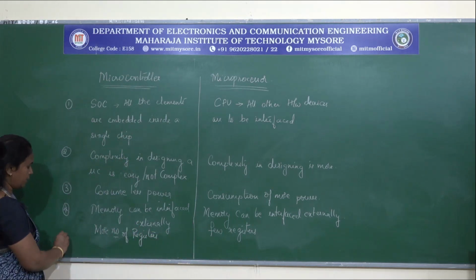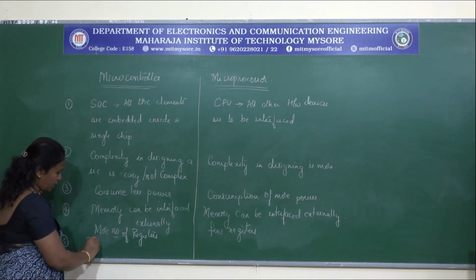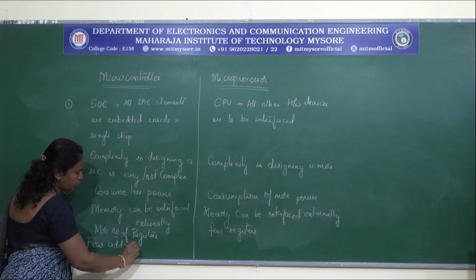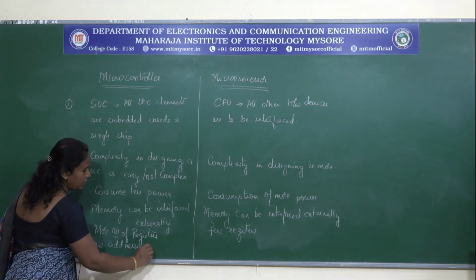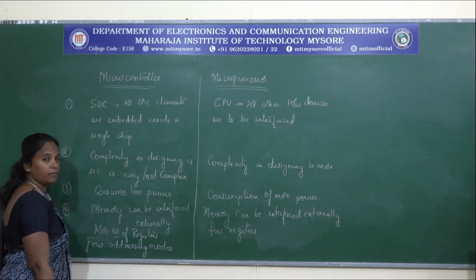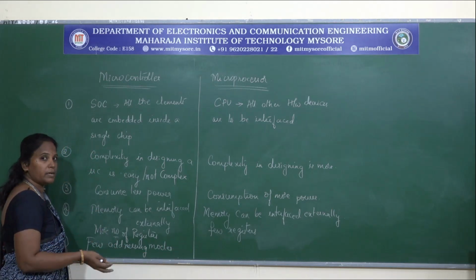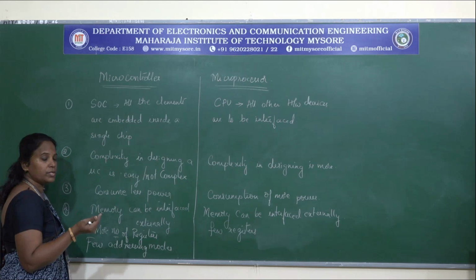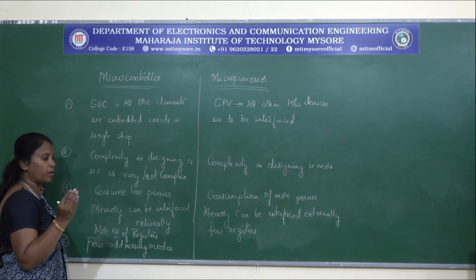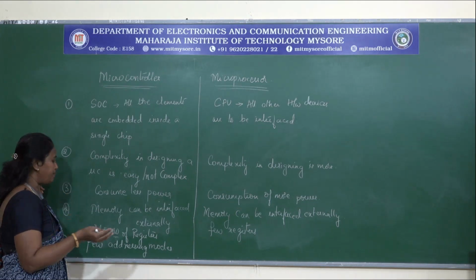Next, in case of a microcontroller, we have few addressing modes. Addressing modes are nothing but the way in which we can access the data, or the way in which data moves from memory to register, from register to register, or from register to memory.